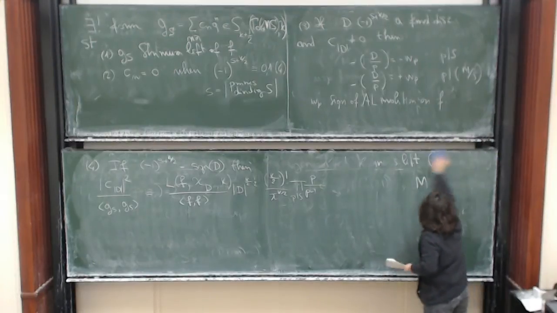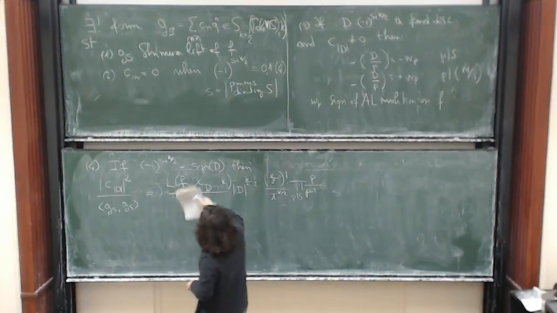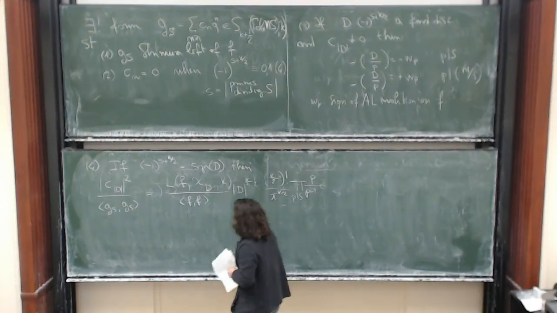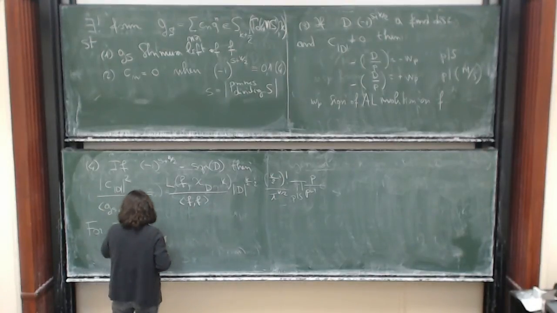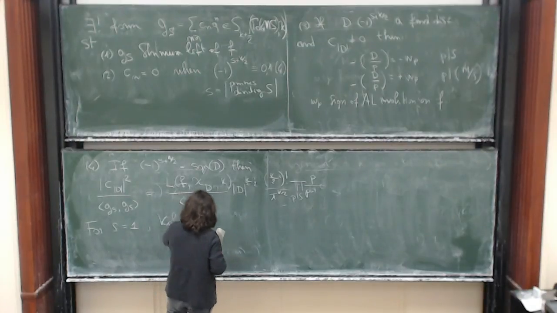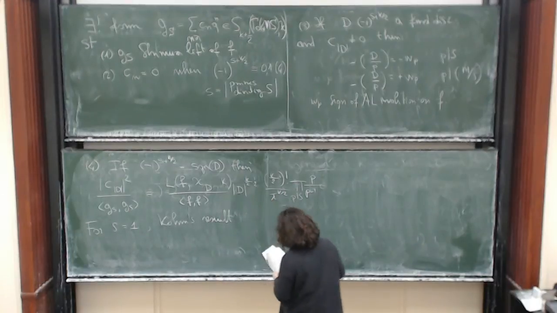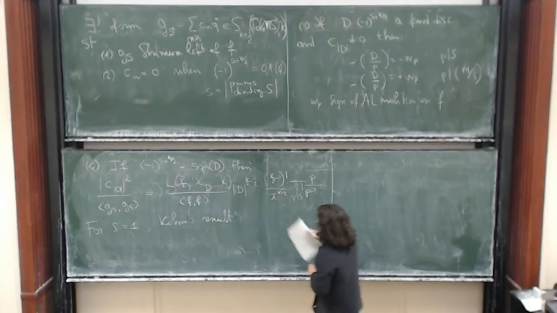So what this formula says is that these Fourier coefficients of these lifts incorporate special values of L series. And for S equal to 1, this is Cohen's result. And the other condition is when this doesn't happen.